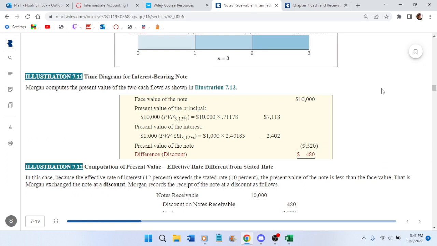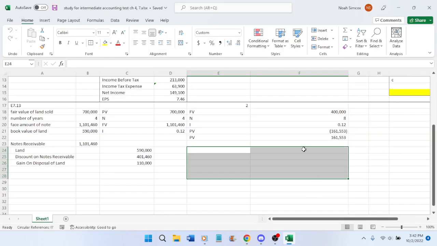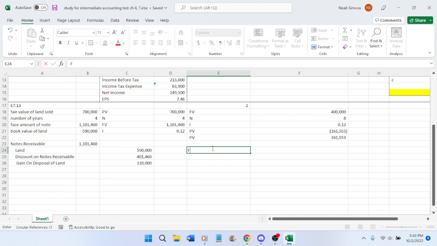What's the real way to do this problem? Oh. What if I was to do future? Well, if it's 12,000, what if we did? This is dumb.